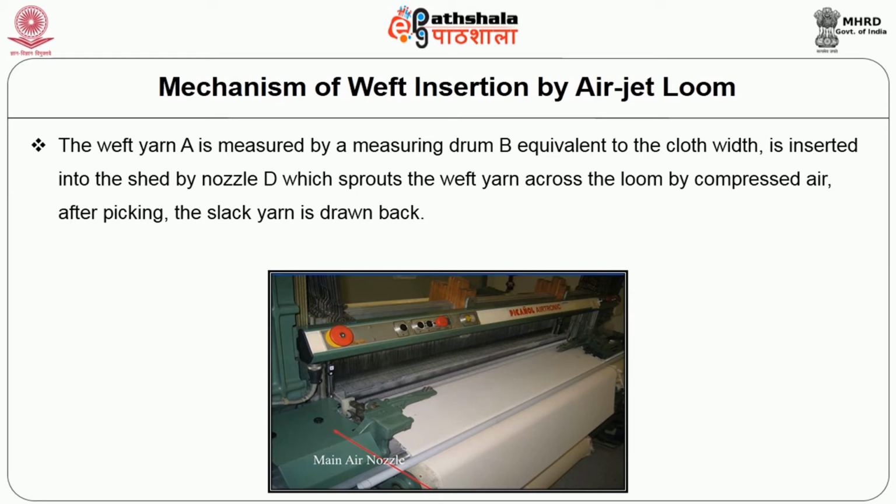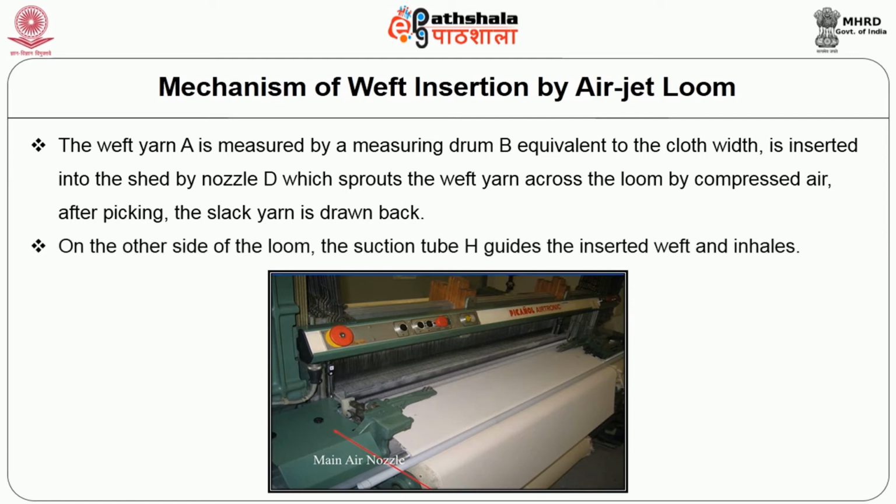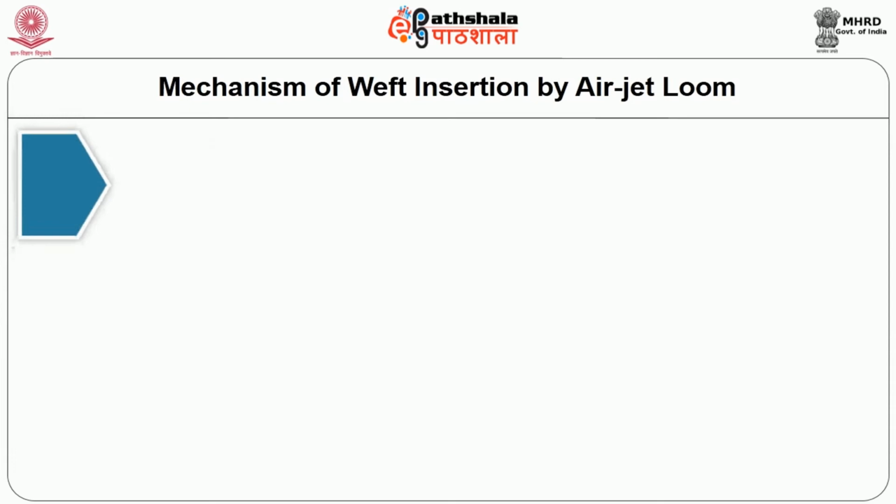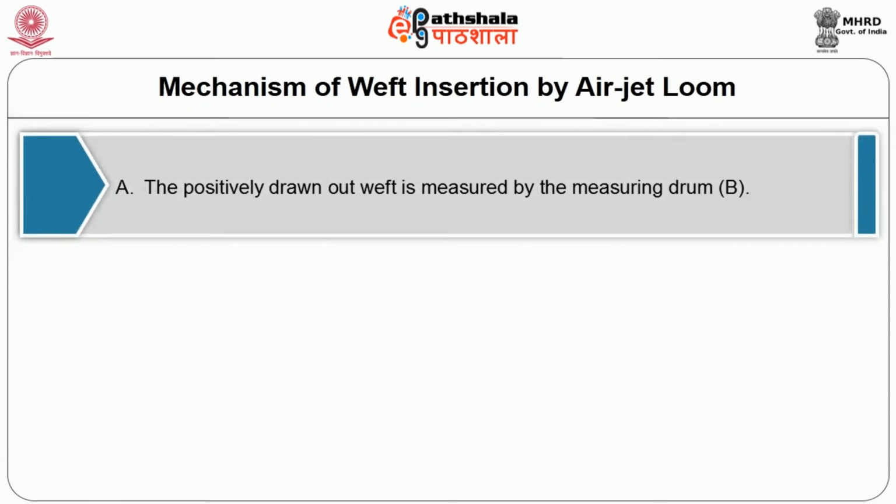After picking, the slack yarn is drawn back. On the other side of the loom, the suction tube H guides the inserted weft and inhales. The weft insertion cycle is depicted in figure 4 A to F.